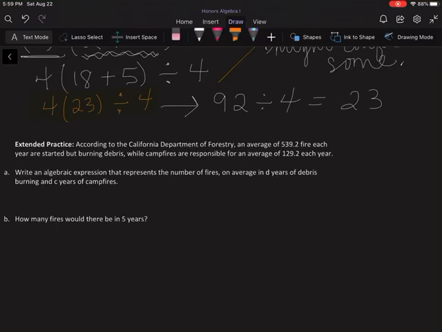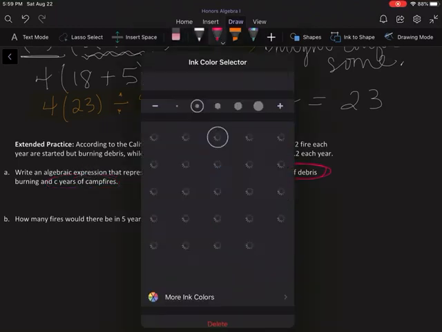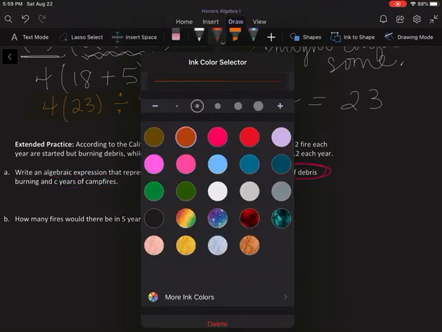While campfires are responsible for an average of 129.2 each year. So it says that we want to write an algebraic expression that represents the number of fires on average, D years of debris, and C years of campfire.